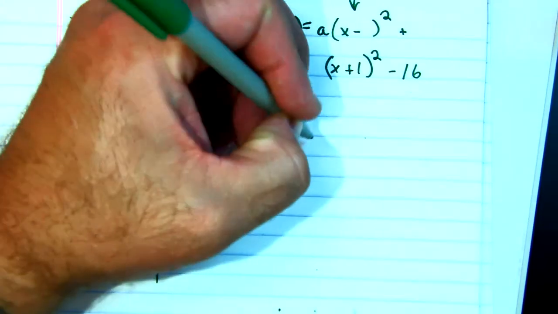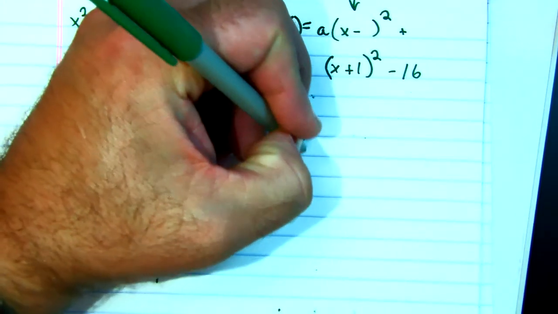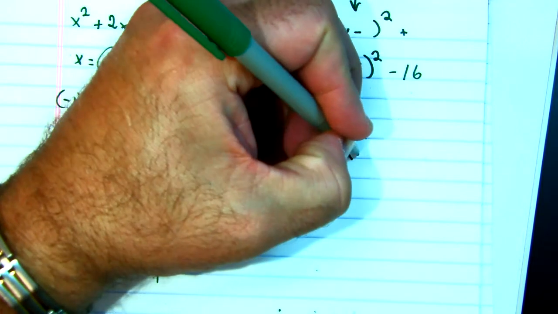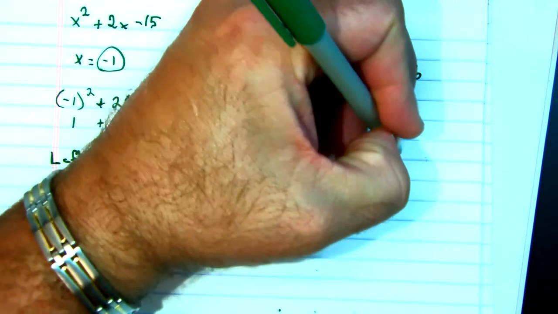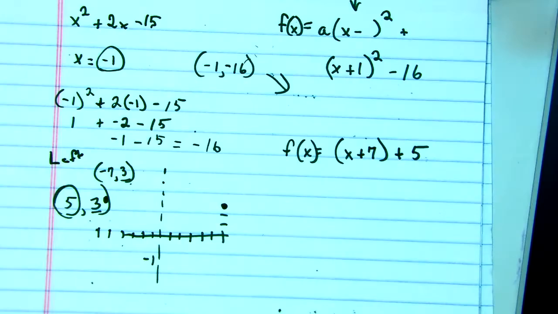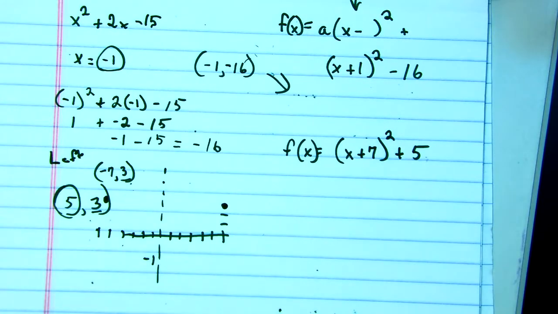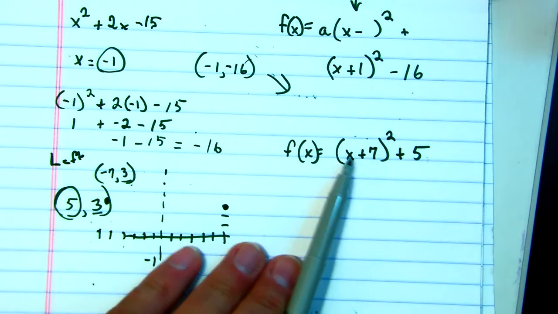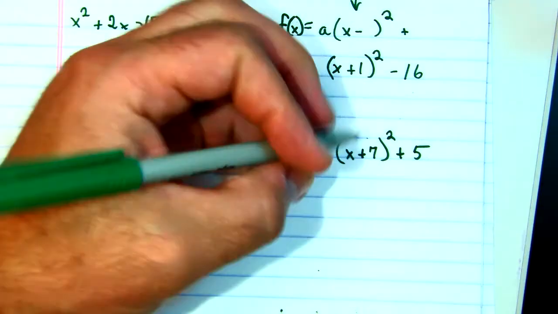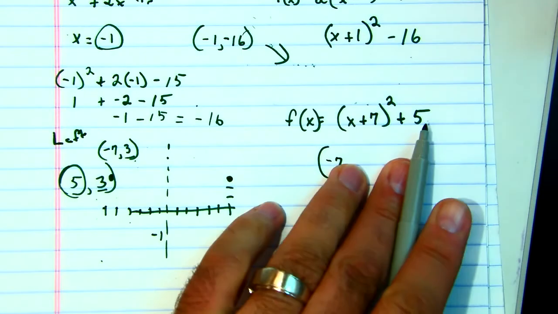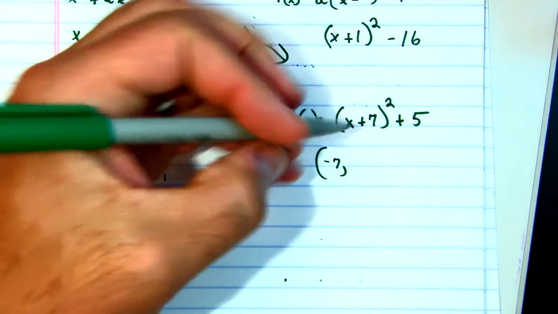So I'm going to do another one. If I were to say, what is the vertex? You'd be able to look at that vertex form and go, well, it says x plus 7, but I know that means it's negative 7. And this is the one that is the y term for the vertex.